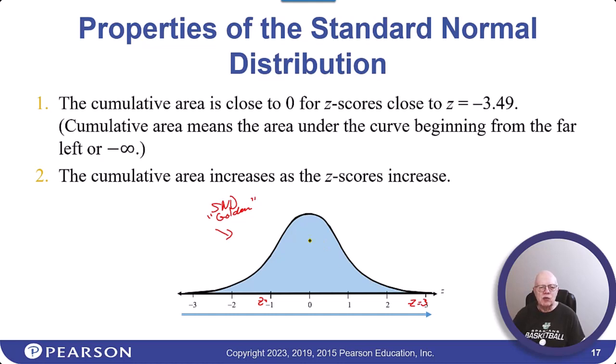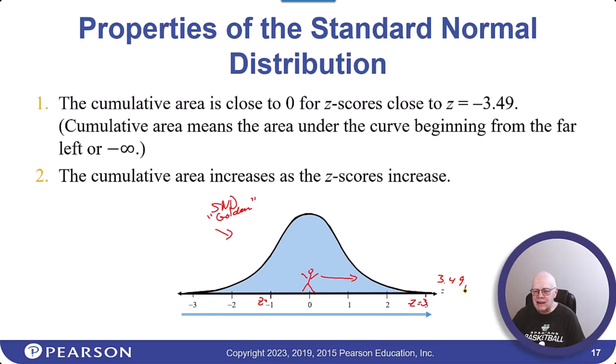So if this were a physical place and you started walking from the axis of symmetry, or the center, or the mean, if you go out here far enough and you're painting under the curve, once you get out to about 3.49, you can just about put your paintbrush away.